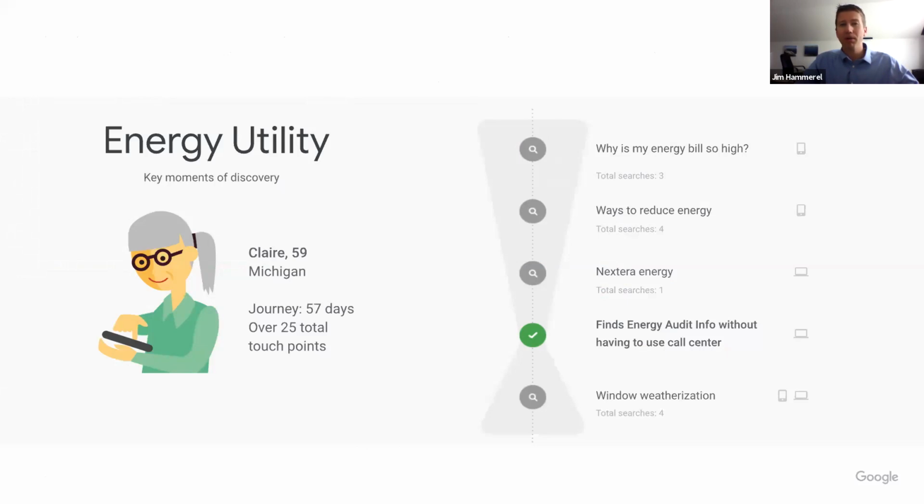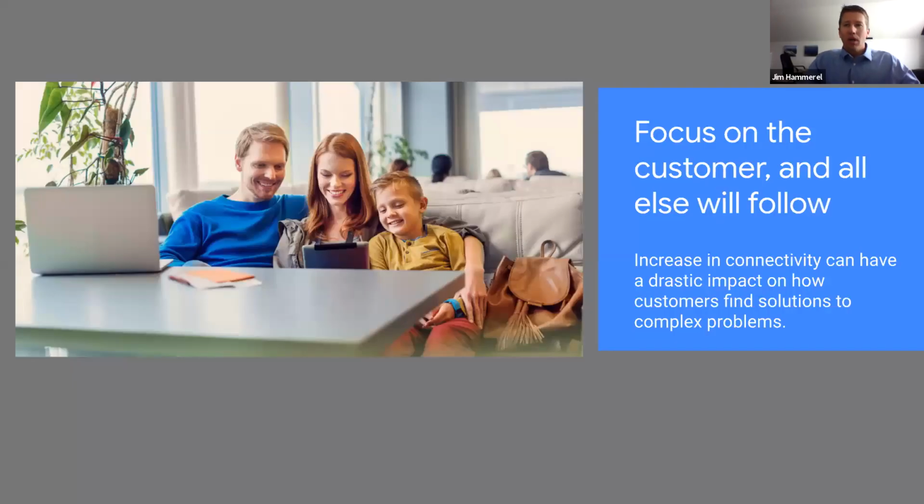She may look up her energy utility to see if she can find some relief from her energy utility. And ultimately, the goal for us as marketers is to help her find that solution to her challenges and to her problem without having to call the call center. So she may end up with something like window weatherization and investigate into that.